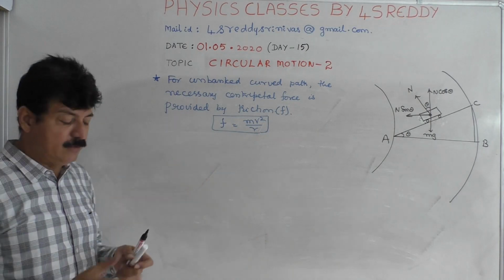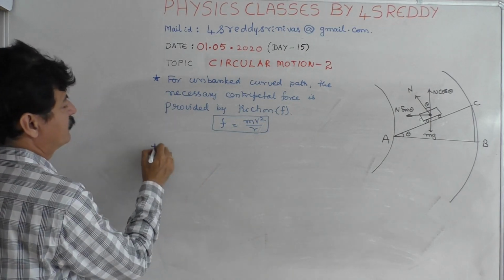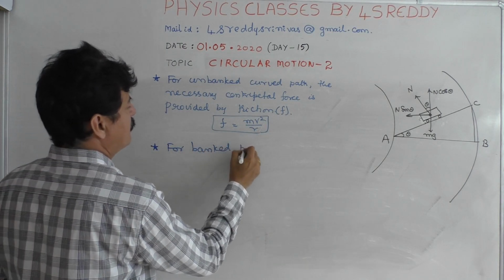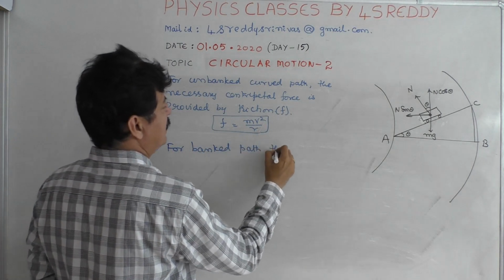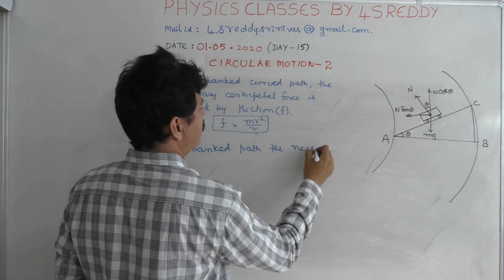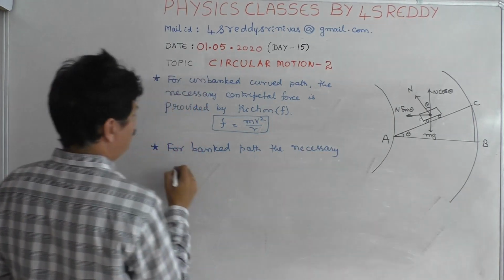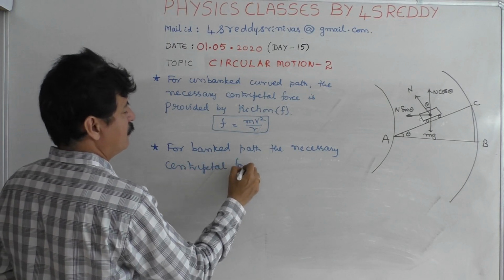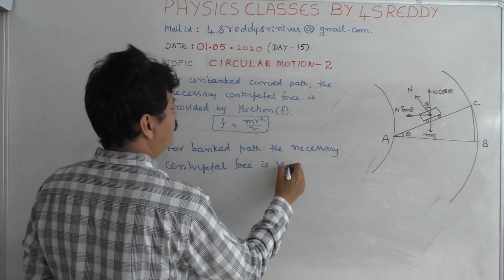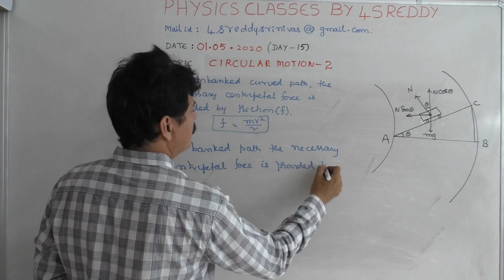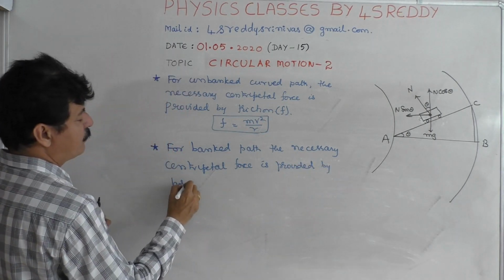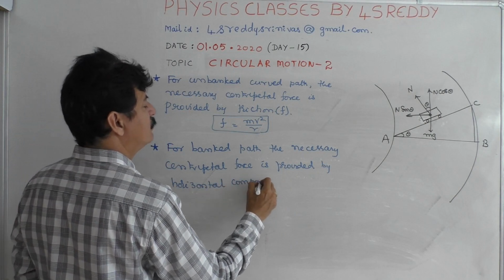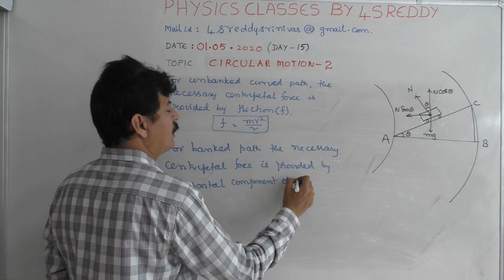The second point we said is, for a banked path, the necessary centripetal force is provided by the horizontal component of normal reaction.